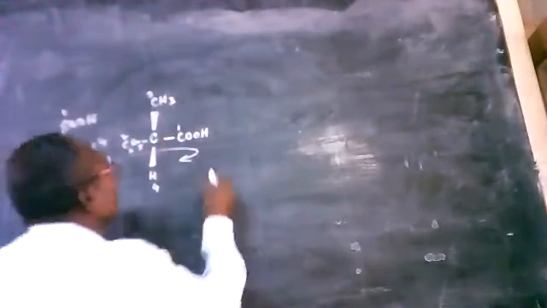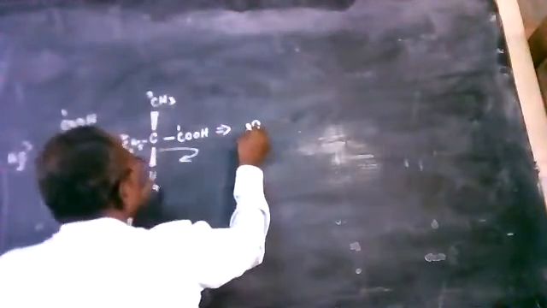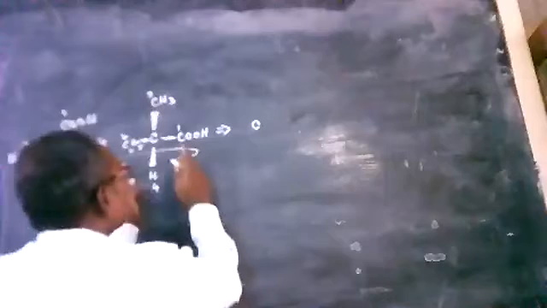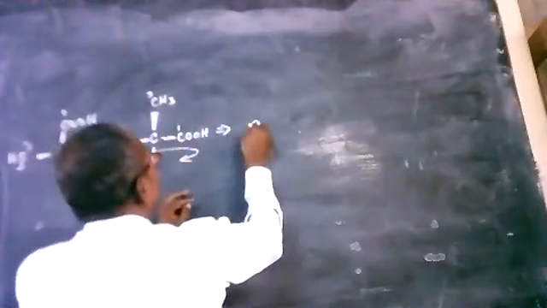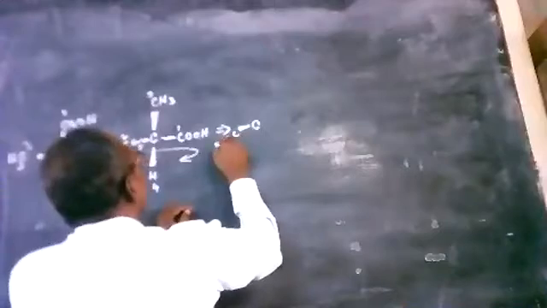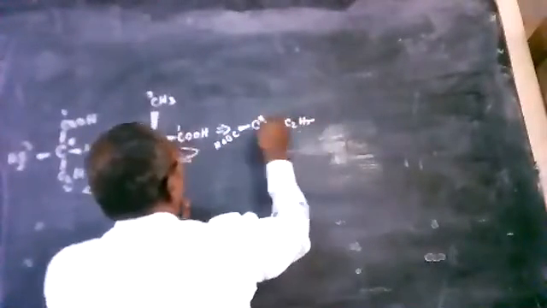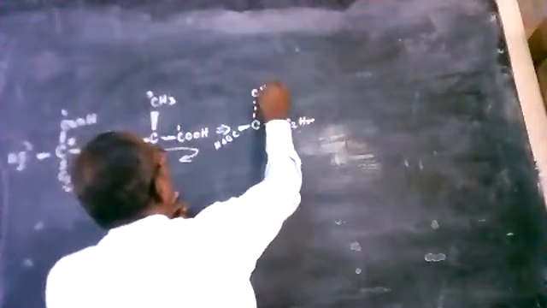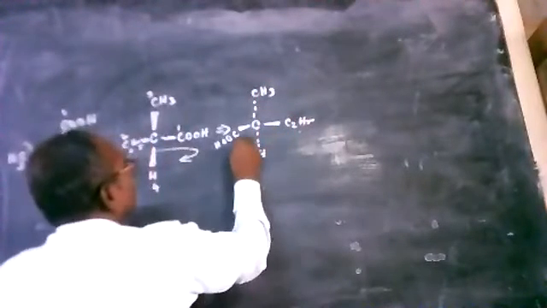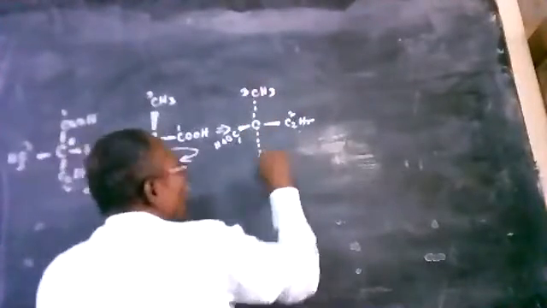Now, as these two bonds were projecting away from the viewer, now they are projected towards the viewer, but COOH comes over here. This is COOH, and this becomes C2H5, whereas this remains here CH3, and this remains here H. Now the preference number: this is 1, this is 2, this is 3, and this is 4.